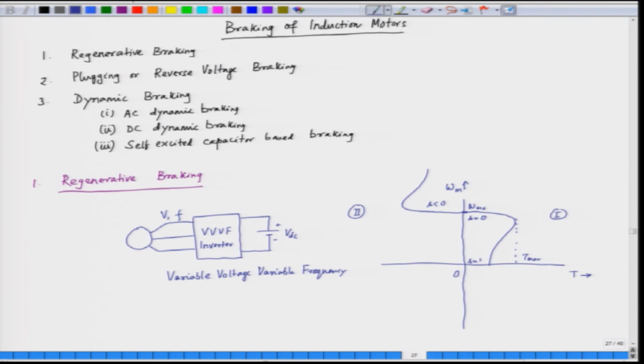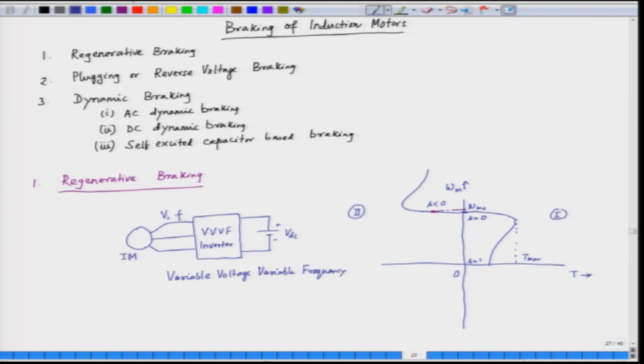So, when we vary the frequency, we make the frequency somewhat reduced, such that the motor speed is higher than the synchronous speed, let us say this is our speed here. Since this speed is higher than the synchronous speed, we get a negative torque, which means we enter into the second quadrant and the energy flow reverses. This is our induction motor IM, and this is the inverter.